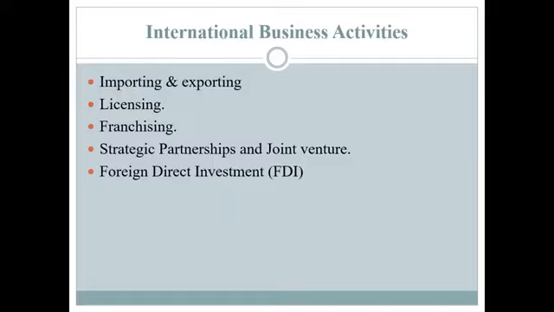For example, what is done in foreign direct investment? One of the companies makes physical investment into buildings and other facilities in a foreign country. Or, for a company which is located in a foreign country, investors invest in some of the companies.